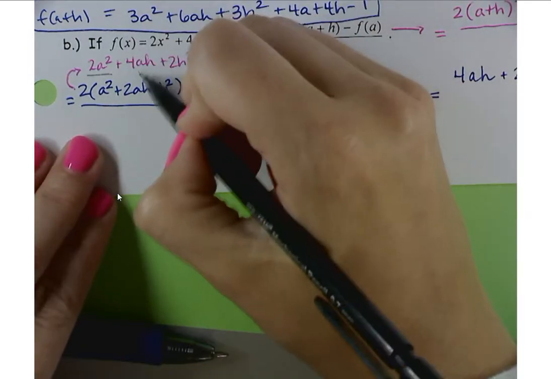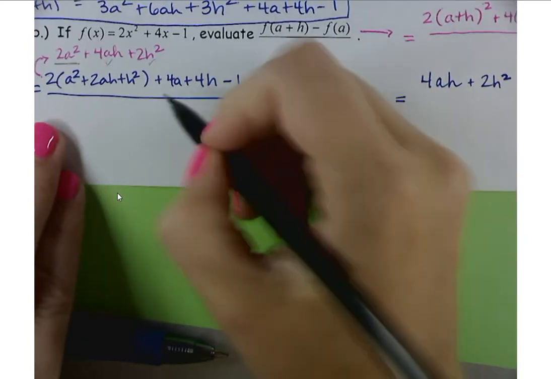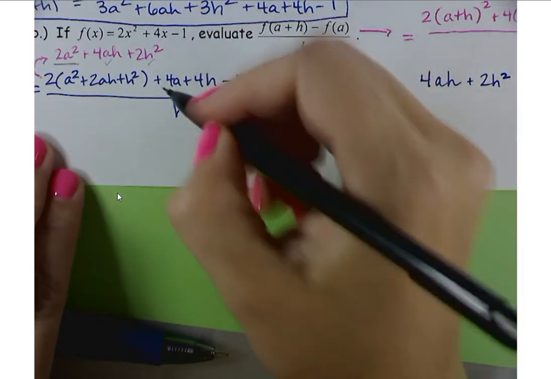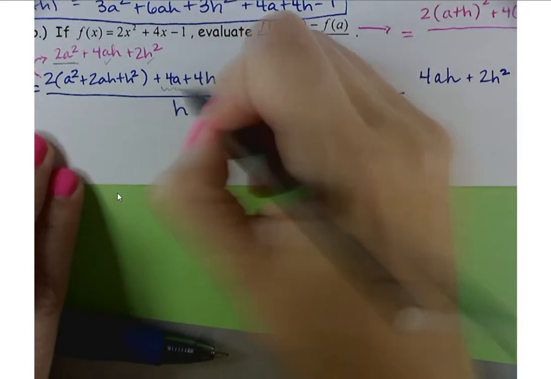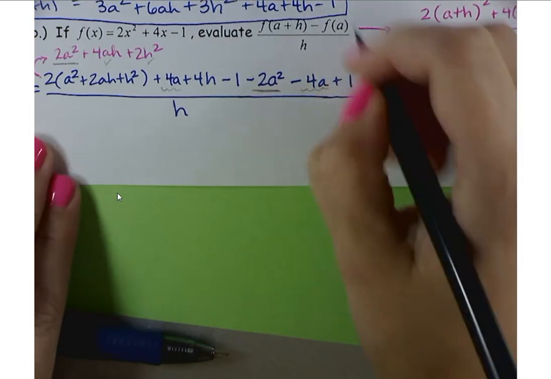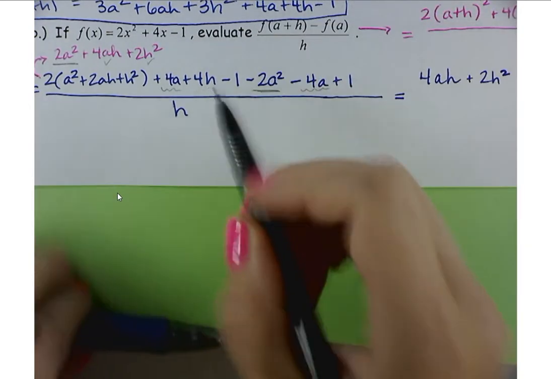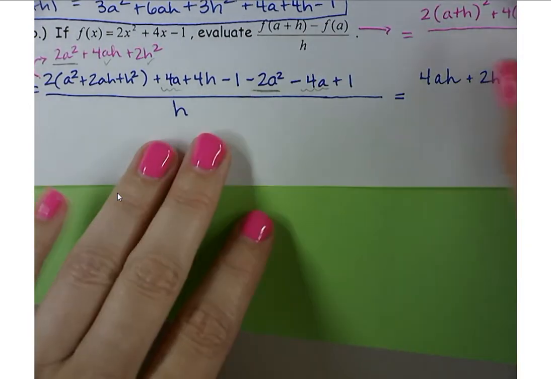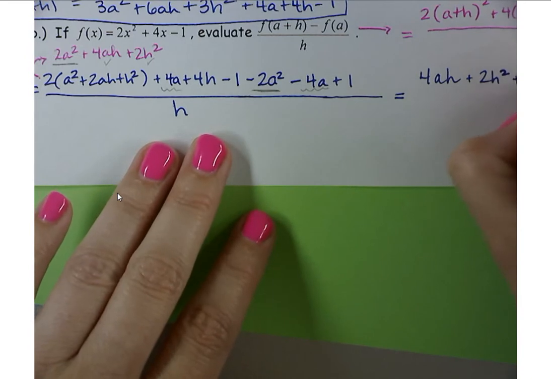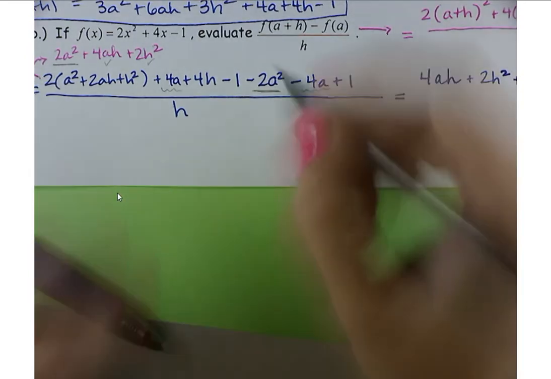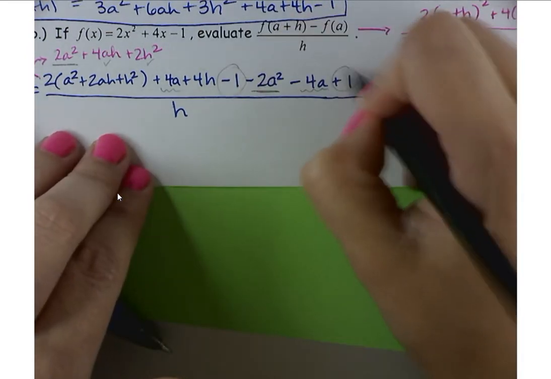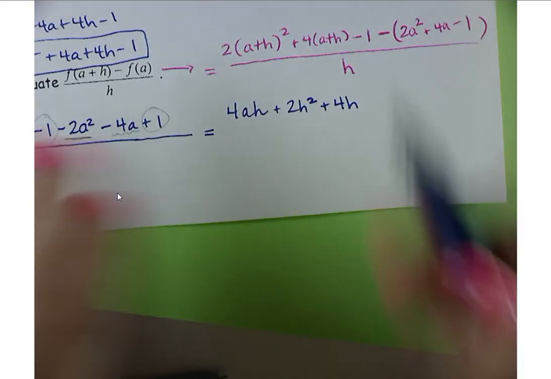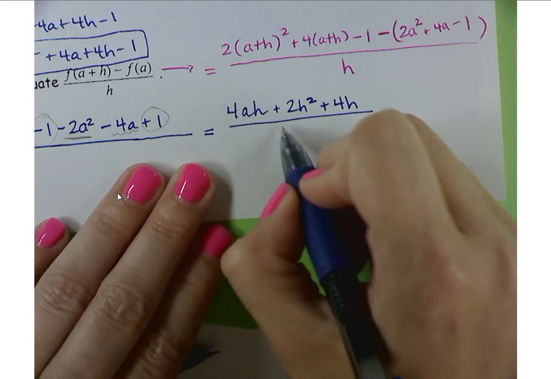So I did that one, I did that one. I have 4a. Do I have another 4a? Yep, I have negative 4a, so those will cancel. I have 4h. Do I have another h term? No. And then I have negative 1, and I have plus 1. So that's all I should have on top: 4ah plus 2h squared plus 4h, over h.